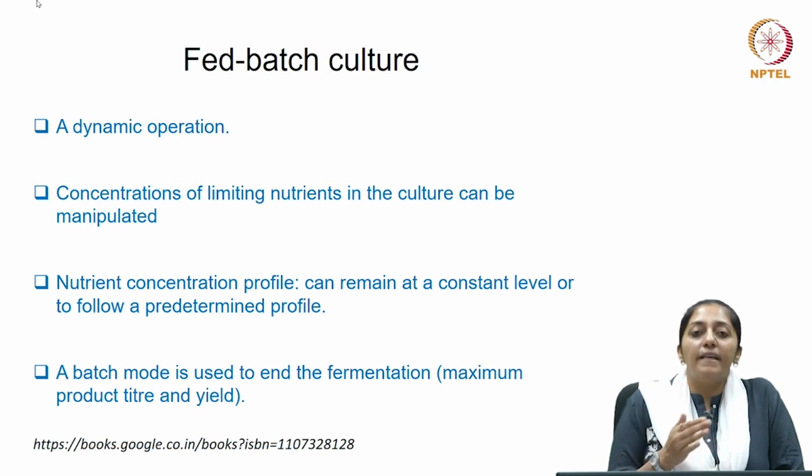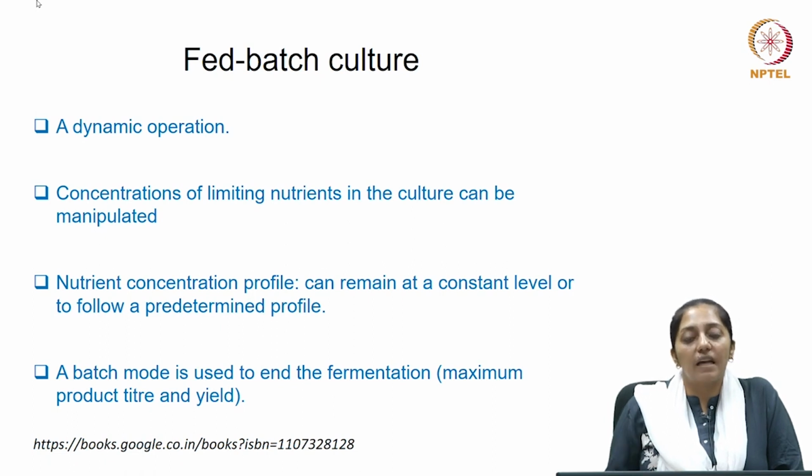Now the feeding can be controlled in a manner such that the nutrient concentration inside the reactor can be controlled at desired levels. Generally, a batch process is initiated and then it is converted to a fed batch process till the harvest to achieve maximum product yield and titers.